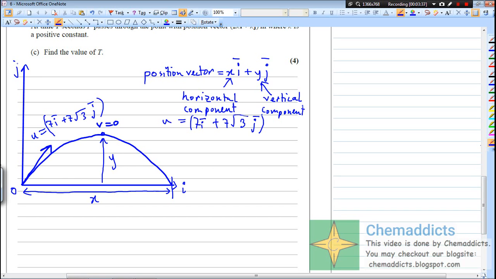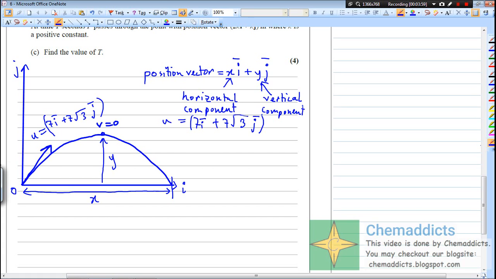J is the vertically upward component and I is the horizontal component. The projectile is projected from a fixed point O, with the initial velocity given here.